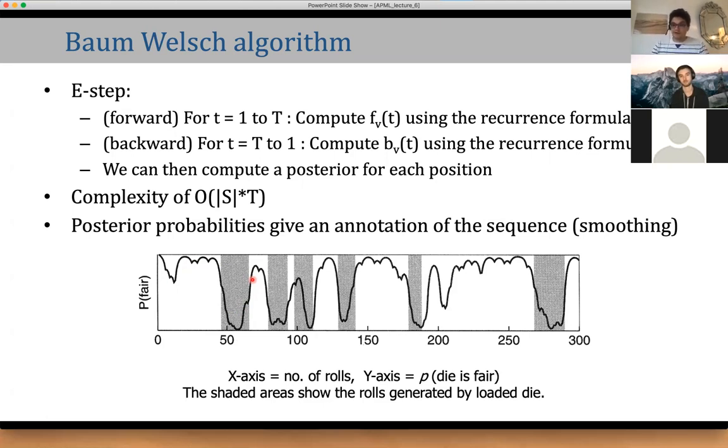The path is more constrained. You could have many paths which have almost the same probability, which is low, because of indetermination in some part of the reconstruction. The posterior also gives something: if I cut at 0.5, I would get another annotation of the sequence.